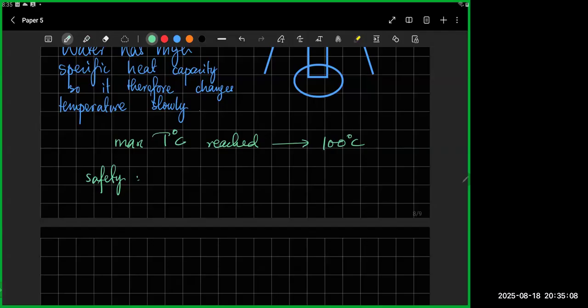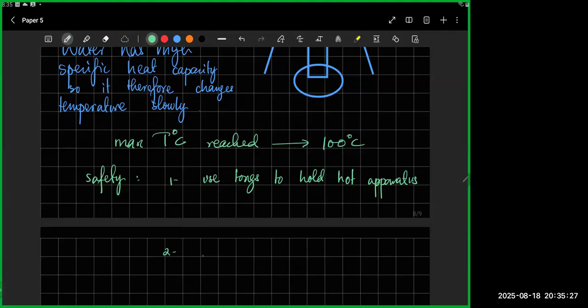Number one, you're going to use tongs. With hot apparatus, always use tongs.